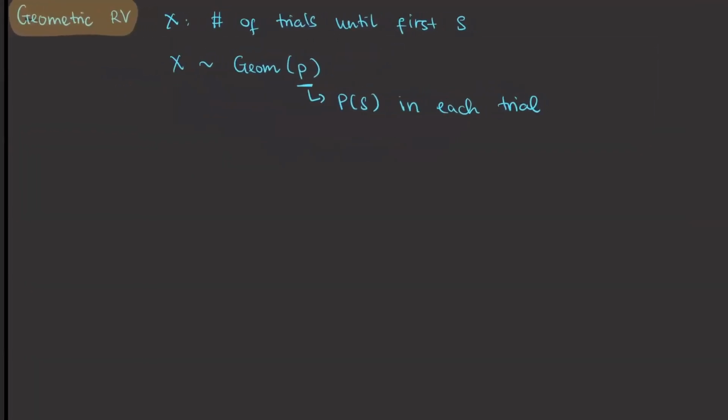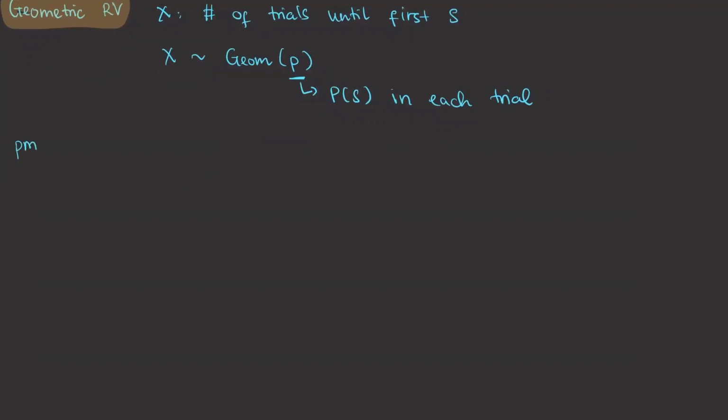So let's first look at the probability mass function. In the probability mass function, we're interested in what is the probability that x is equal to k. What does it mean? It's asking what is the probability that the number of trials until first success is k. In other words, what is the probability that the first success appears on the kth trial.